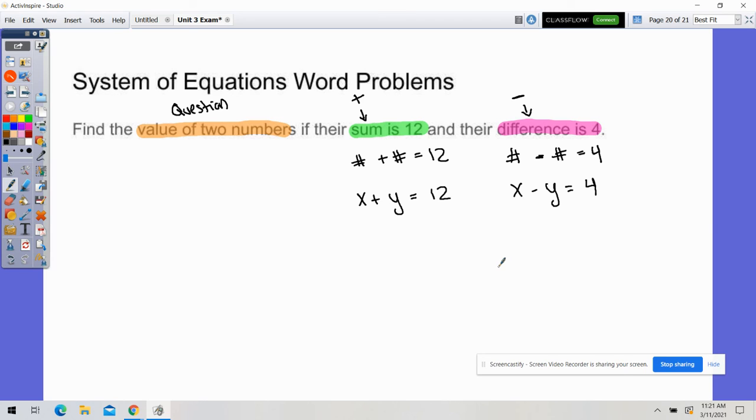Now that I see the two equations that we created, I notice they're both in standard form. So I think the best way to go about this would be to use elimination. Let's put them right on top of each other. So we have x plus y equals 12, and x minus y equals 4.